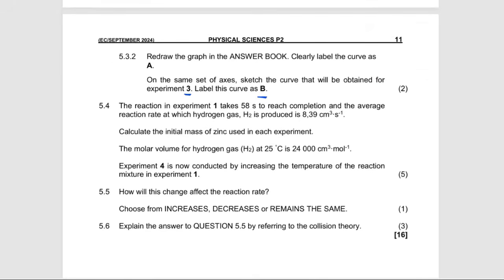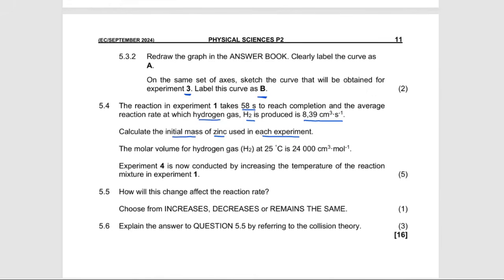Then after that, it says the reaction in experiment one takes 58 seconds. So we're given the time of the reaction, 58 seconds, to reach completion, and the average reaction rate at which hydrogen gas, H2, is produced. So the reaction rate there is 8.39 cubic centimeters per second, right? Then calculate the initial mass of zinc used in the experiment.